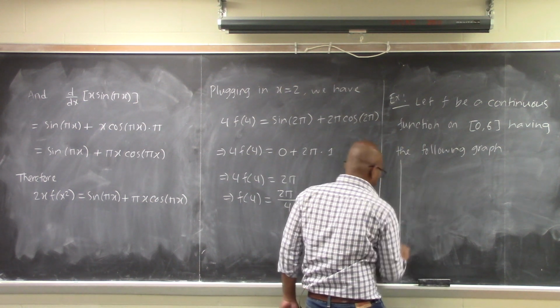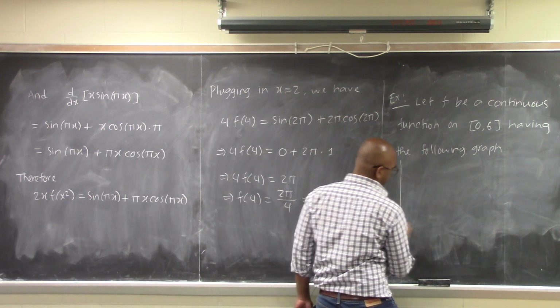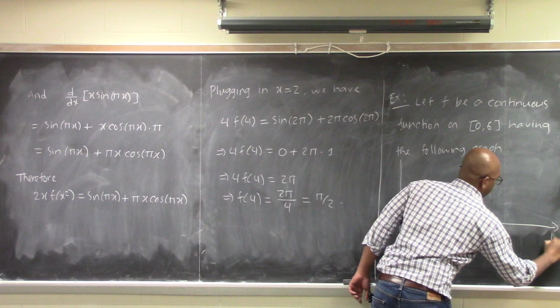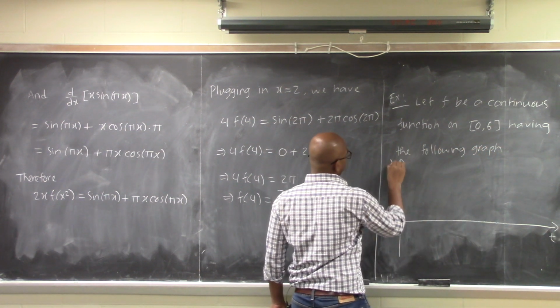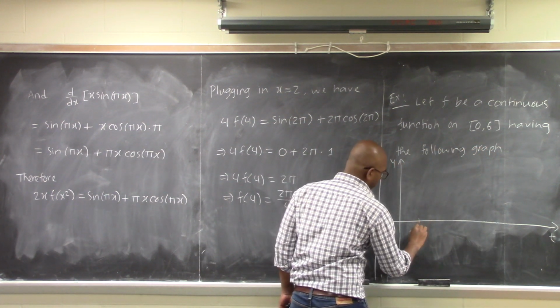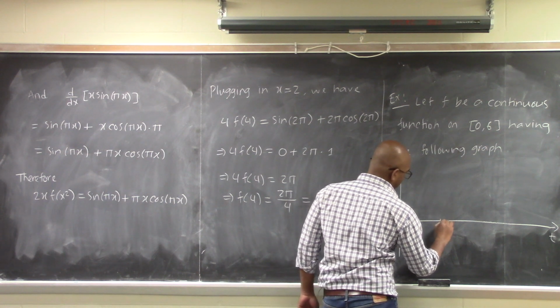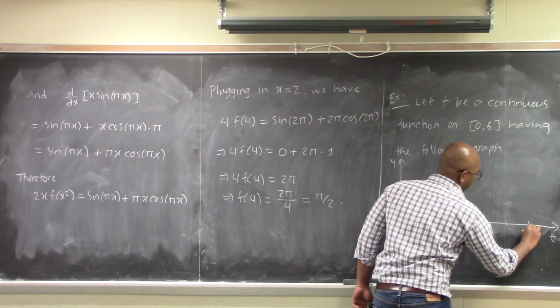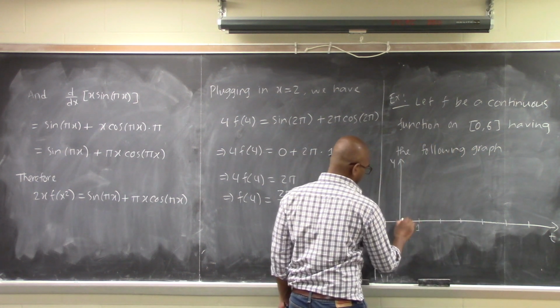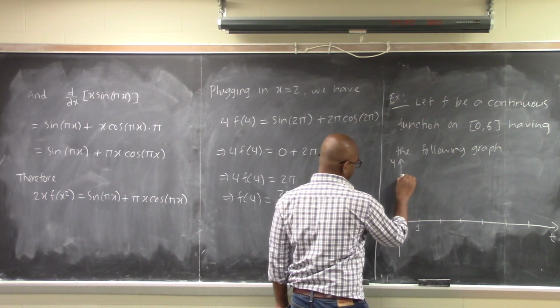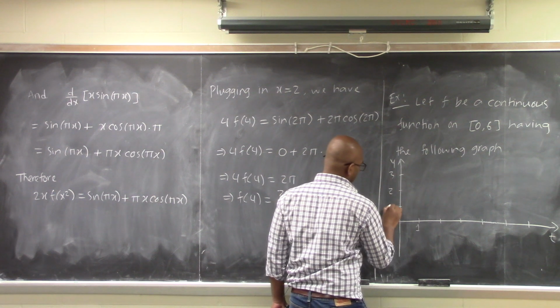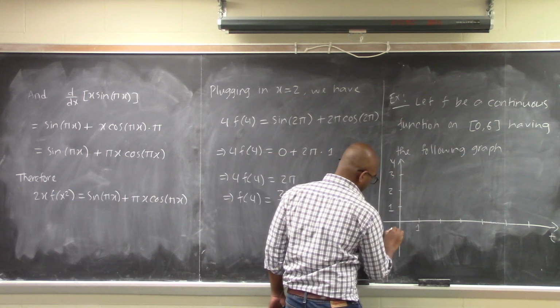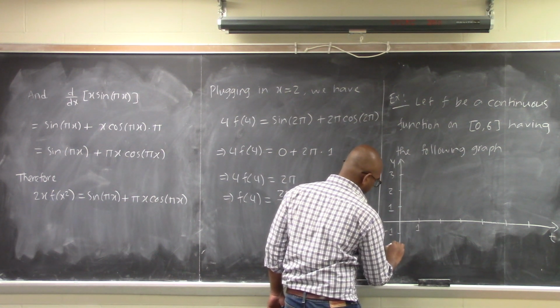So let's take this. This is the t-axis, this is the y-axis. Let's say this is 1, and then 2, 3, 4, 5, and 6. And so 1, 2, 3, -1, and -2.